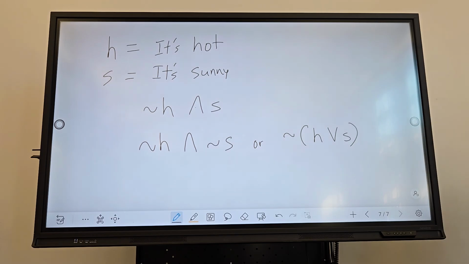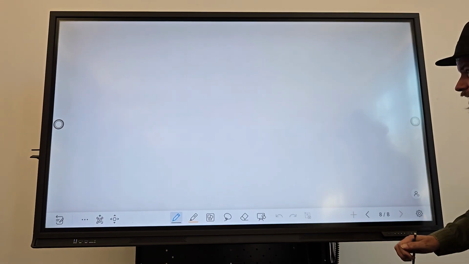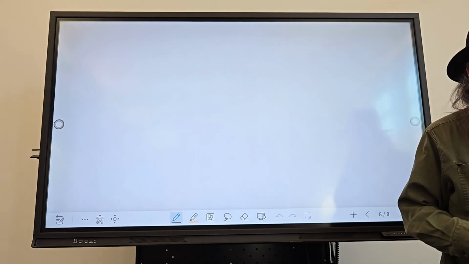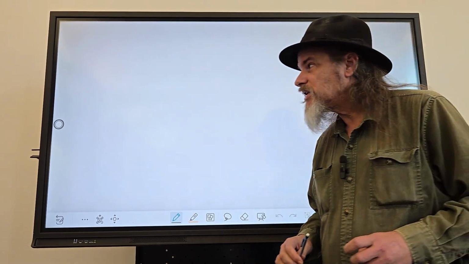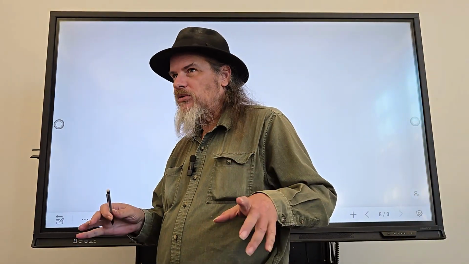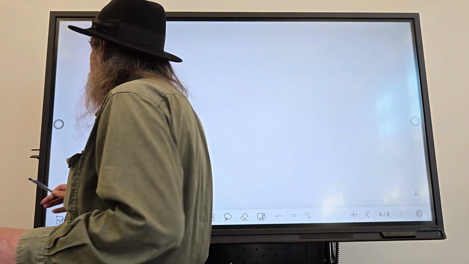So truth values. Definition: if P is a statement variable, then the negation of P is not P. It has the opposite truth value from P. I've had this discussion with other students in other classes, but these are truth tables. In digital logic, you deal with state tables. Slight difference.